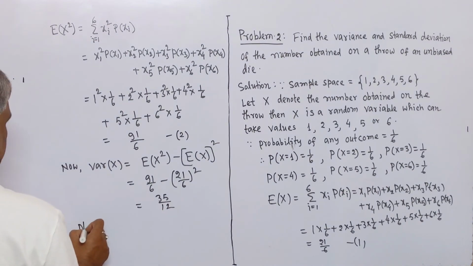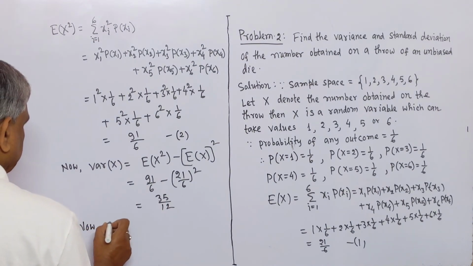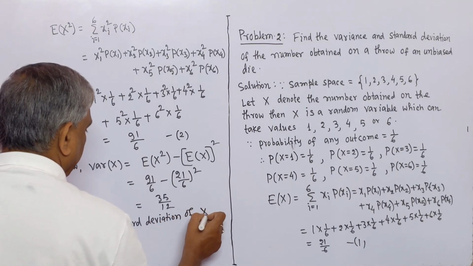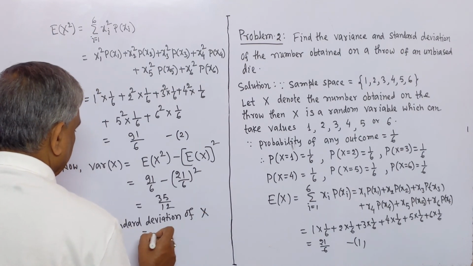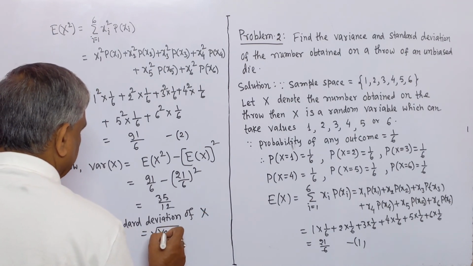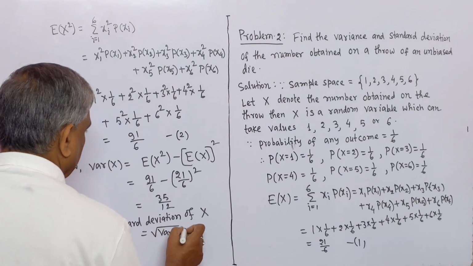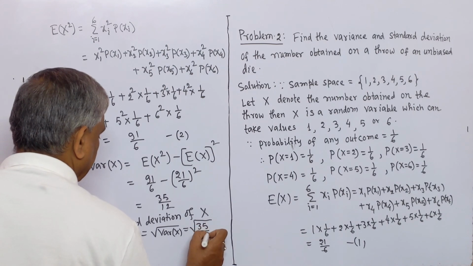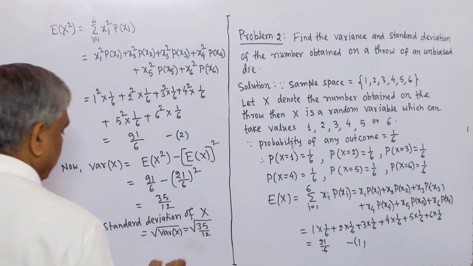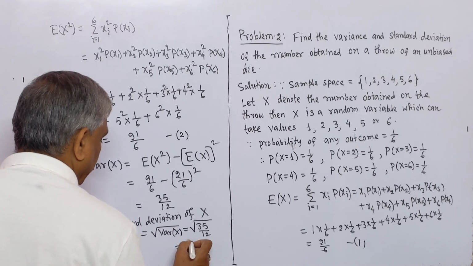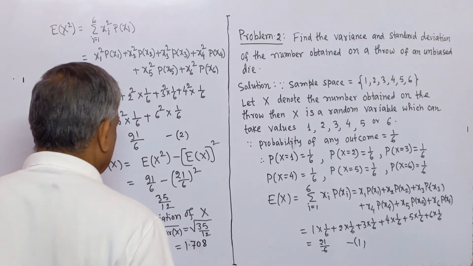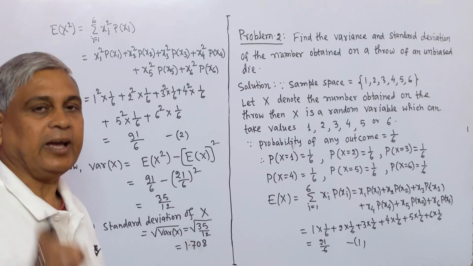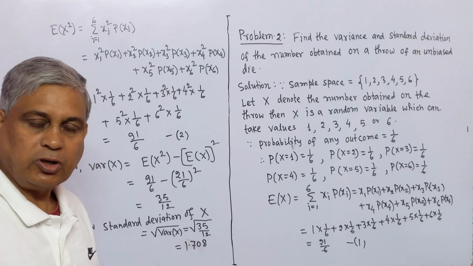Now standard deviation of random variable X equal to square root of variance of X. This is equal to square root of 35 by 12, and if we calculate this we will get 1.708. This is the required value of standard deviation of random variable X. So our problem is solved.